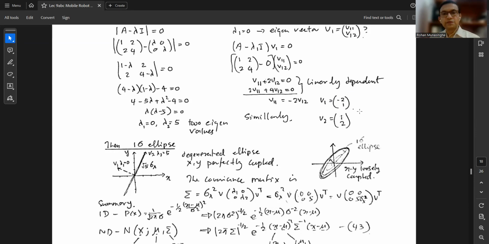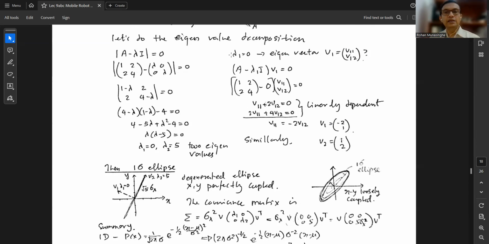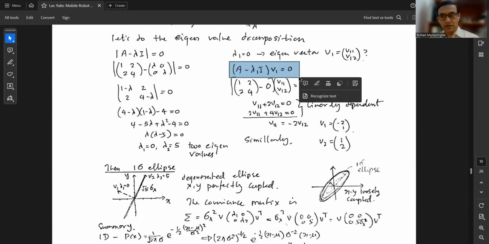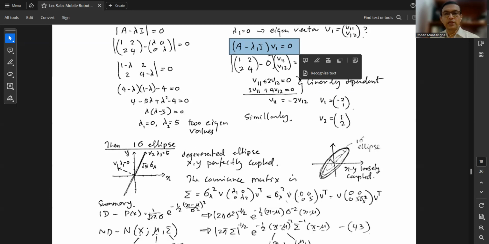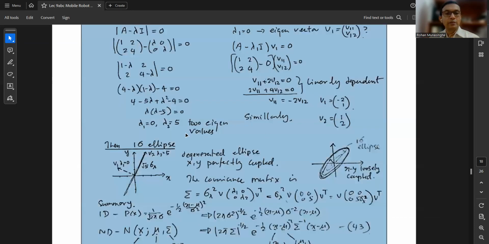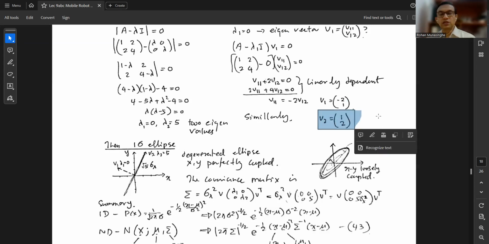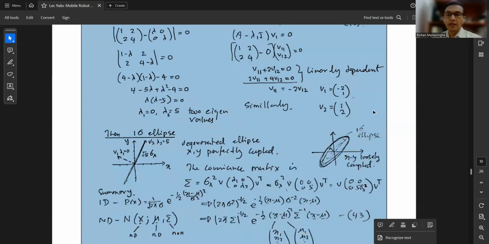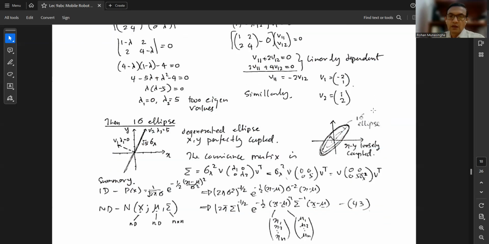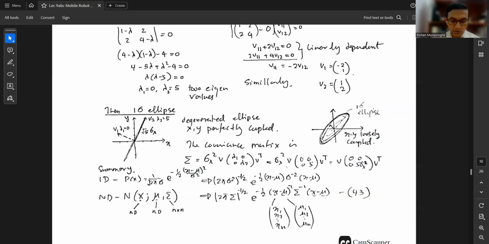Same process. Apply this for lambda 2 and V2, and you can calculate that lambda 2 is already known, right? It is 5, and V2 is actually 1, 2. Now let us draw the eigenvalues and eigenvectors on the diagram.